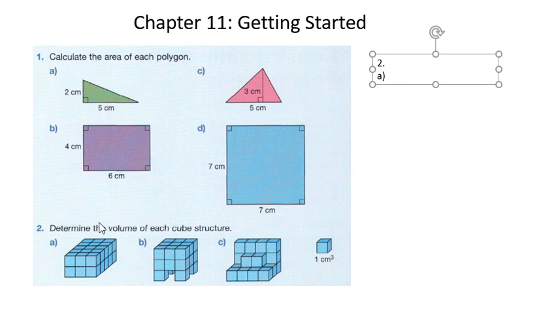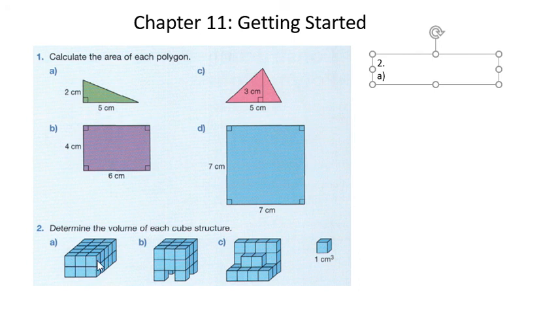Let's look at 2a. For 2a, we could use a formula, or we could count the cubes. So let's count the cubes in an organized way, starting from the top layer. The top layer, I could count them one by one, or I could use the information I know about multiplication. In every row this way, I have 1, 2, 3 cubes.